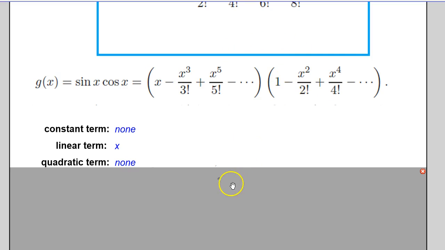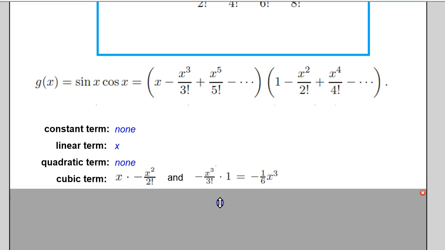So we have no quadratic terms. And in fact, we won't have any even power terms because you're always multiplying an even power term by an odd power term, which will always end up not being an even power term. So actually, we don't have any even power terms in this Taylor series.